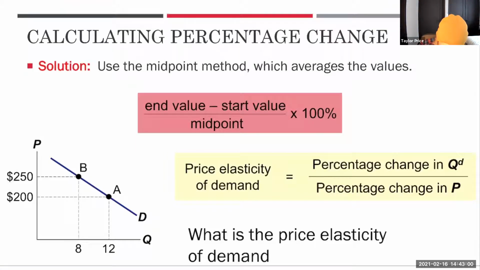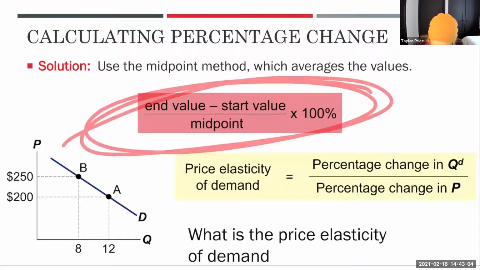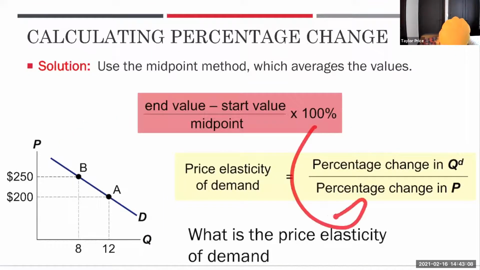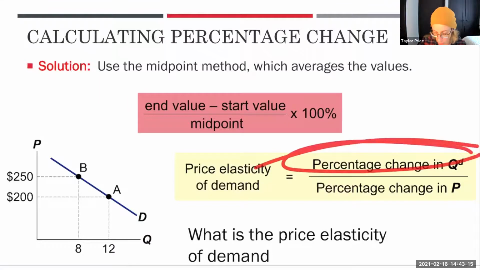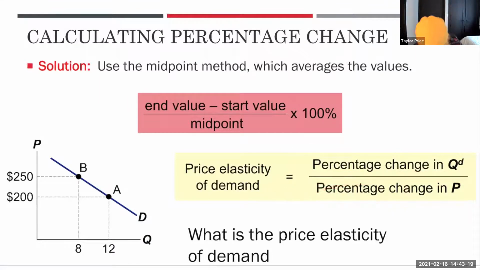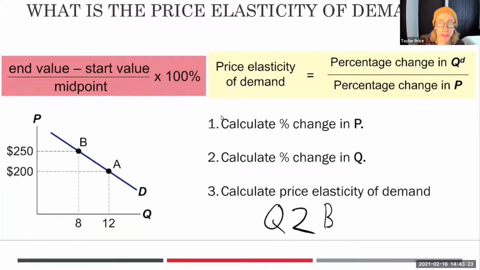So what we're going to do is plug this formula here into this top piece and the bottom piece. So that will be basically giving us the percentage change in quantity demanded and the percentage change in price. Okay, so now let's do a top hat question to kind of take a look at how this formula actually works.